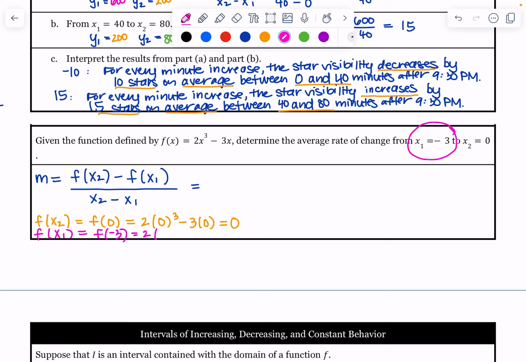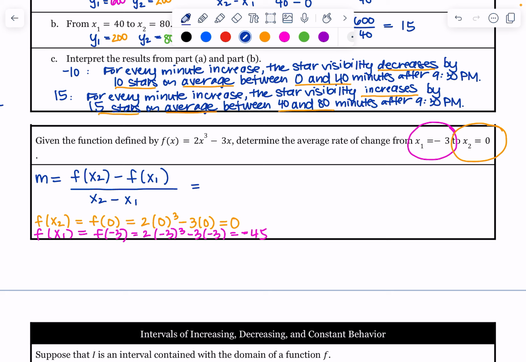And that's going to be 2 times negative 3 cubed minus 3 times negative 3. And I'm going to use my calculator so I don't mess up my mental math. And when I do that, I get negative 45.